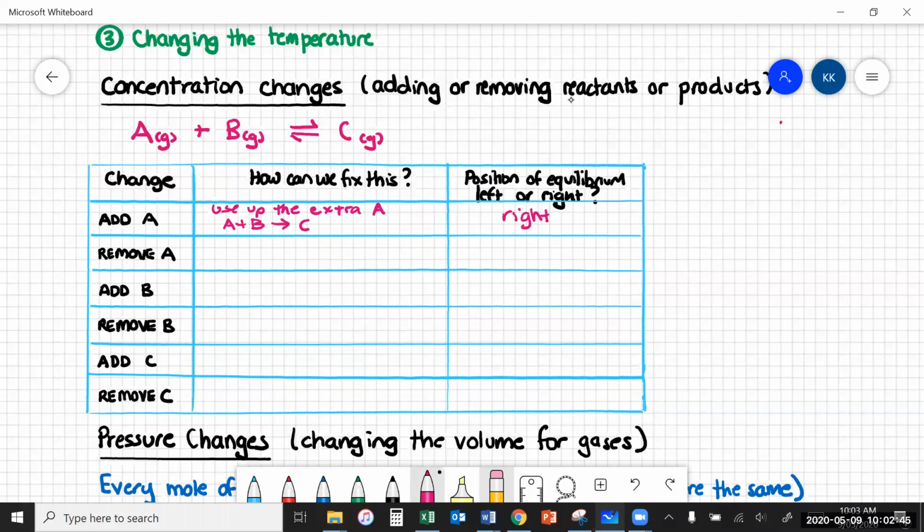So if the position of equilibrium goes over to the right, we'll end up with less A and B and more C. And the stress then of the extra A will have been alleviated.